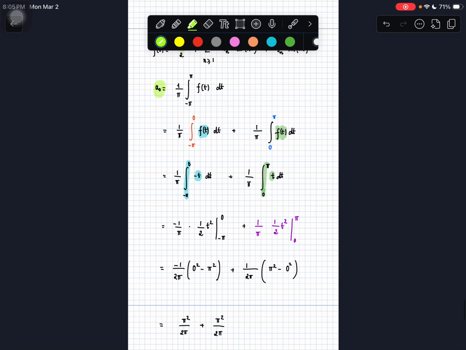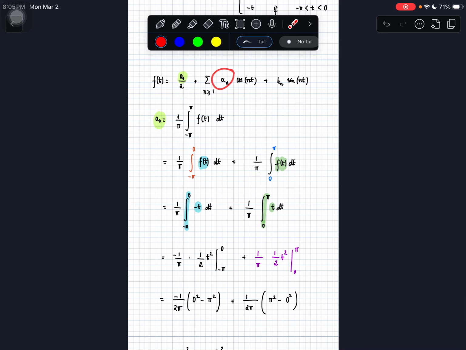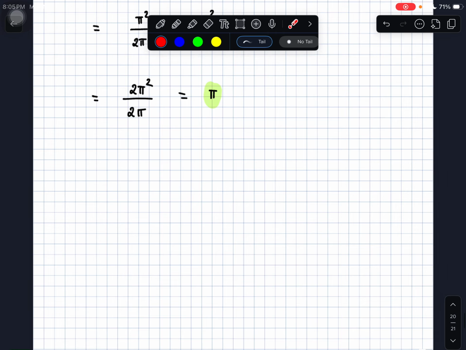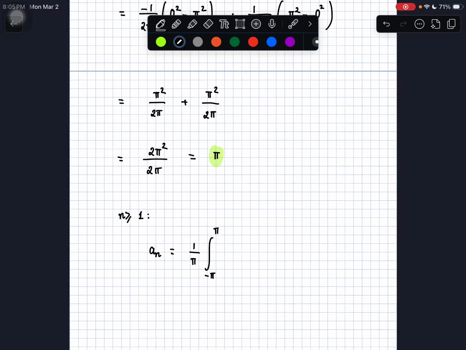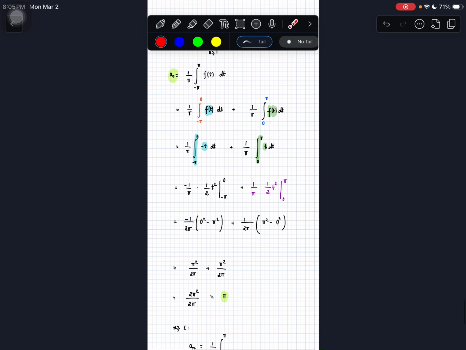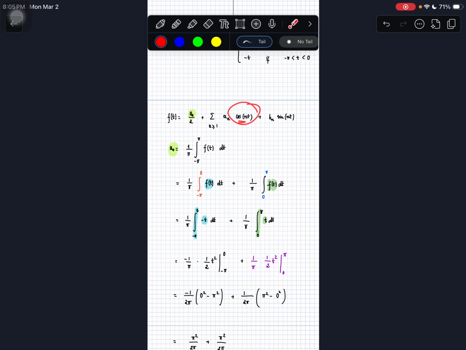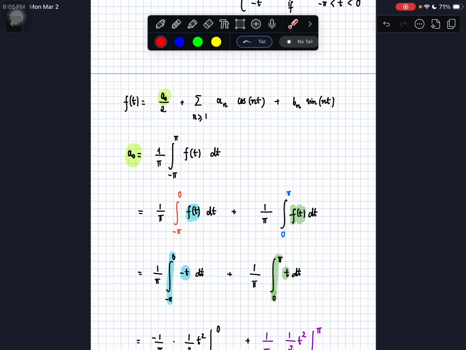Now we compute a_n, for n greater than or equal to 1. a_n is 1 over pi, the integral from minus pi to pi. a_n is the coefficient with cosine nt. The method to compute a_n is you multiply cosine mt on both sides and then take the integral.